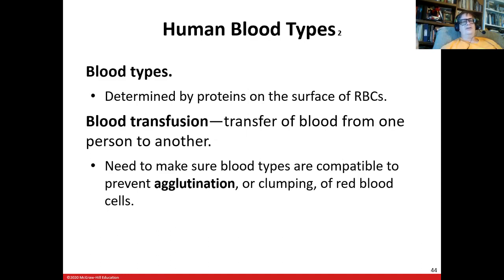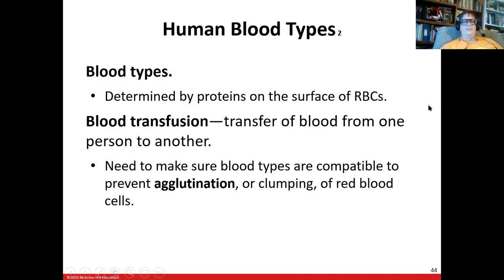So blood transfusions, giving you blood from another person. This might happen in a hospital when you're sick. And we need to make sure that it's the right type of blood. If your body detects antigens, proteins on the surface of the blood cells that it thinks don't belong, it might attack that blood and clot it up, clump it up into lumps to make it easier for the white blood cells to come and eat it.